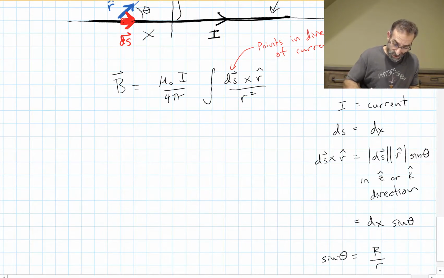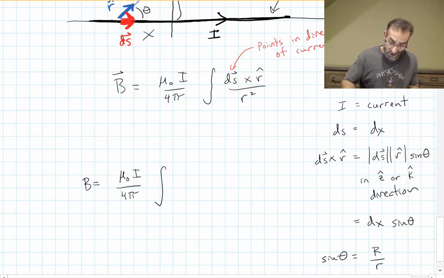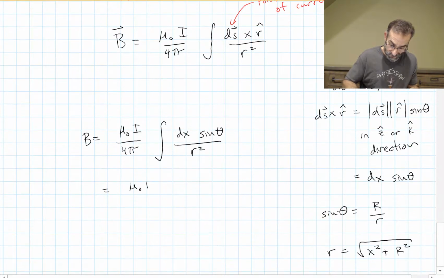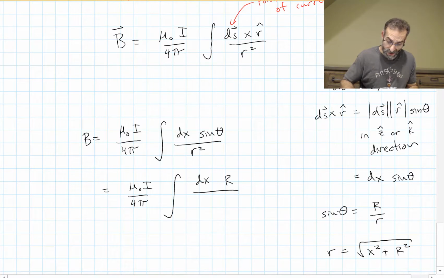We've got our magnetic field, mu naught I over 4 pi, the integral of dx sine theta over r squared. And we said sine theta was just R over lowercase r. So that gives us an r cubed in the denominator. And we know what r is in terms of x.